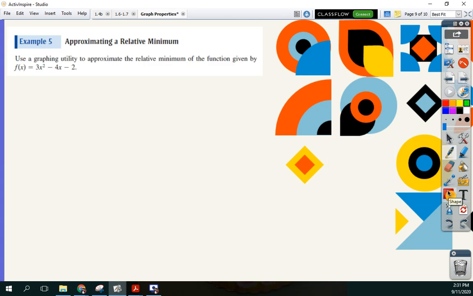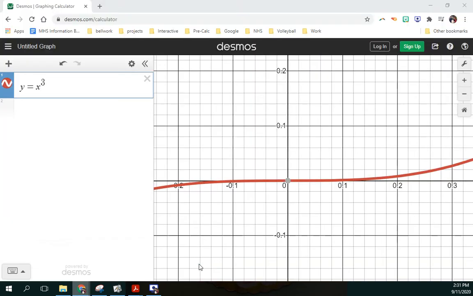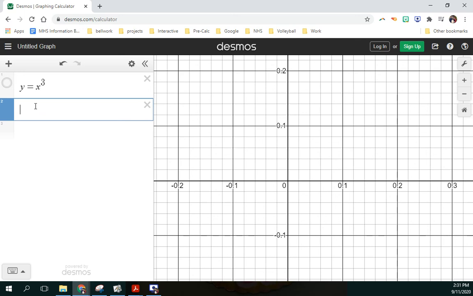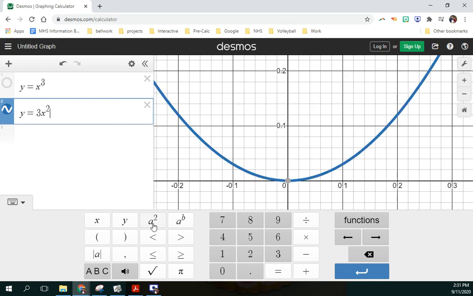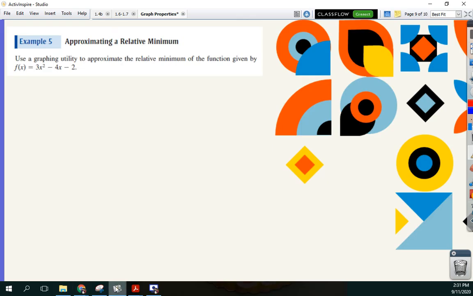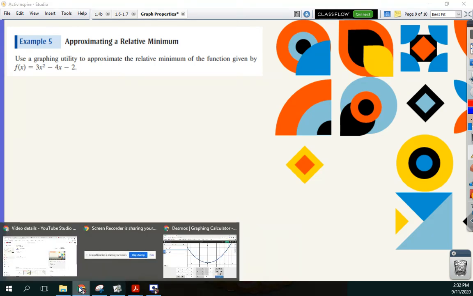So it says use a graphing calculator or utility to approximate the relative minimum of the function given by f of x equals 3x squared minus 4x minus 2. So I'm going to go back to Desmos. So we want to use the function y equals 3x squared minus 4x minus 2.